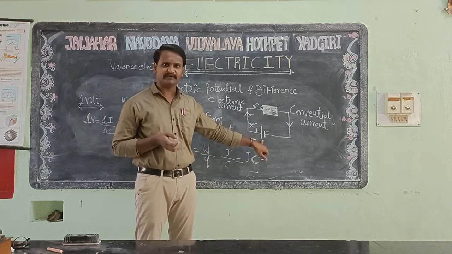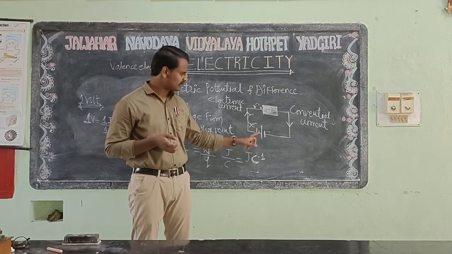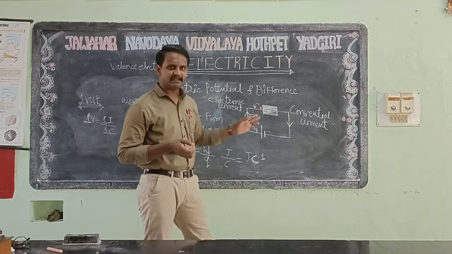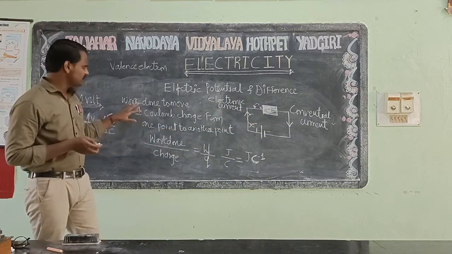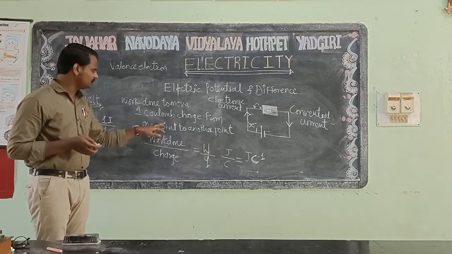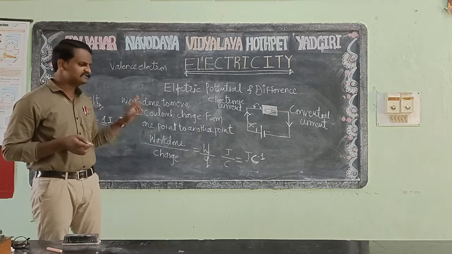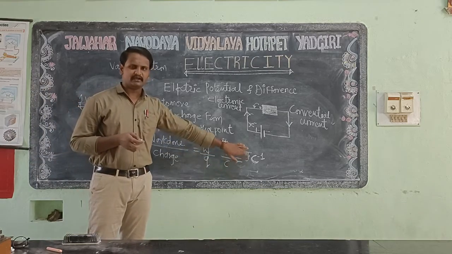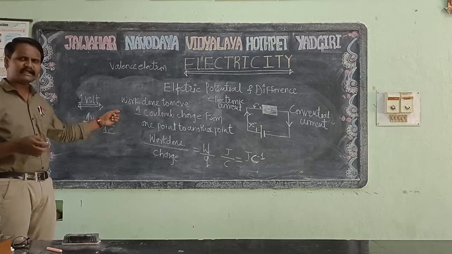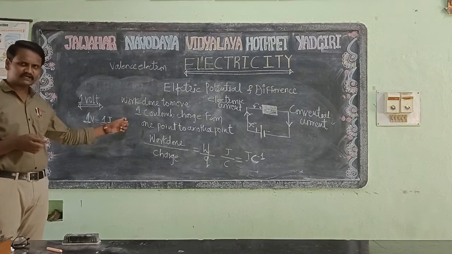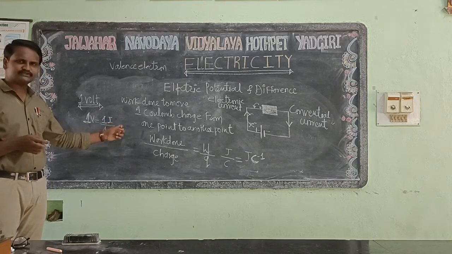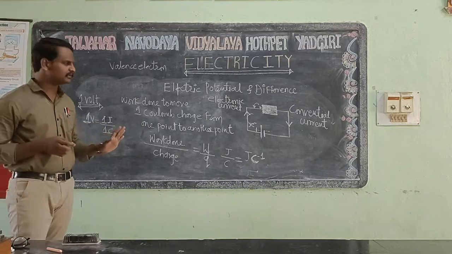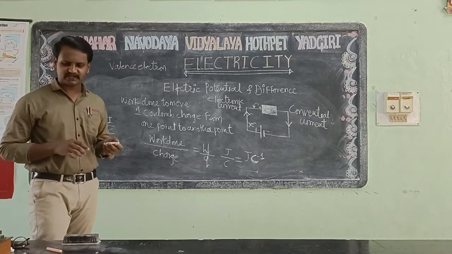For convenience, we consider the flow of current from positive to negative, and that is called conventional current. The potential difference is the work done to move 1 coulomb of charge from one point to another point, its SI unit is joule per coulomb, and another unit is volt, defined as when 1 joule of work is done to move 1 coulomb of charge from one point to another point. This is about electric potential and potential difference.